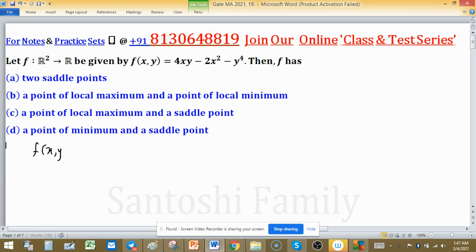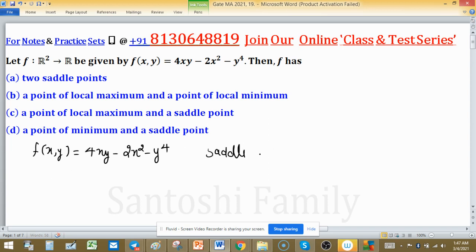As f is given by 4xy minus 2x square minus y raised to the power 4, we are asked about saddle point, point of local max, local min, or none of these.